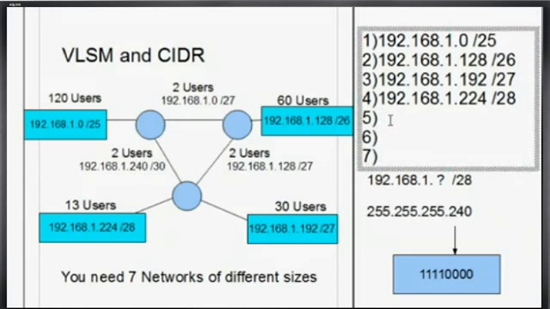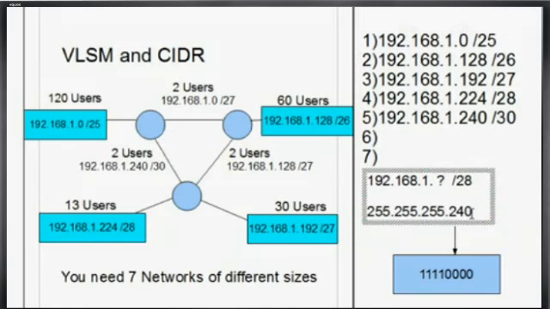So let's put it here, 192.168.1.240/30. In decimal, it'll be the 252 network. And what this looks like in binary is this. So I've borrowed now 1, 2, 3, 4, 5, 6 bits. The magic number is the 4-bit, which gives me a network the size of 4 hosts only.